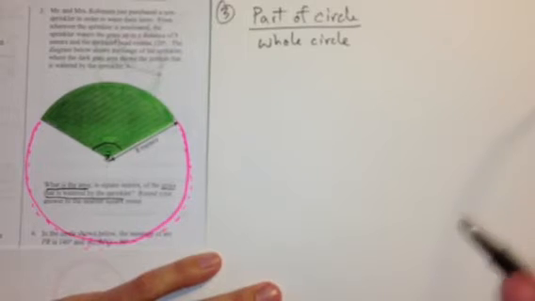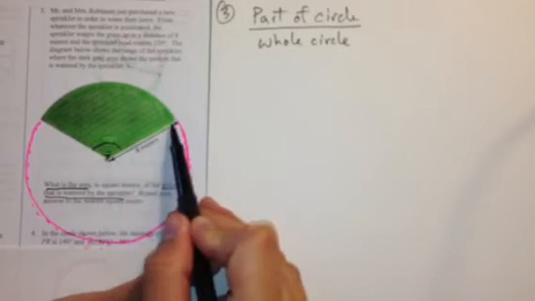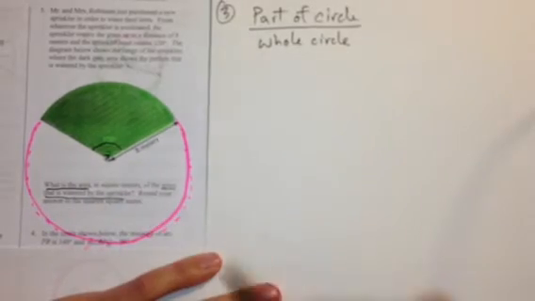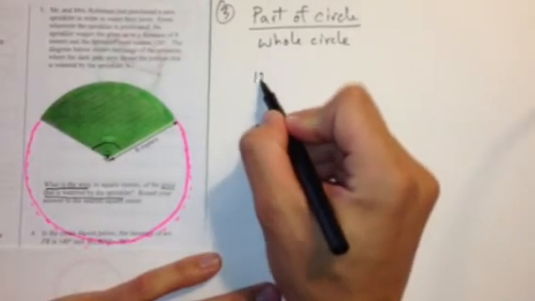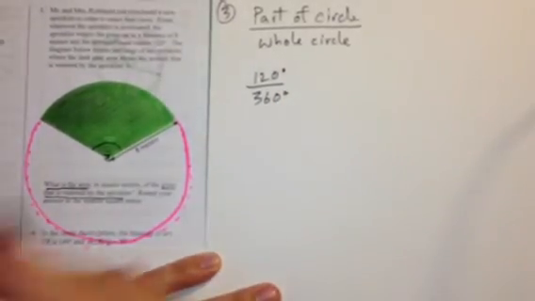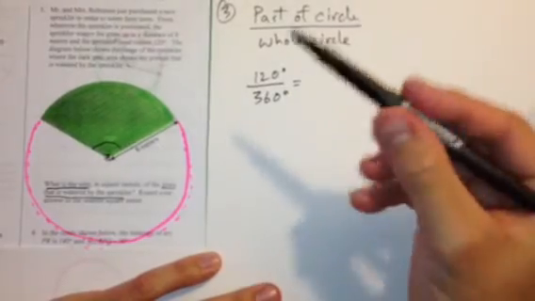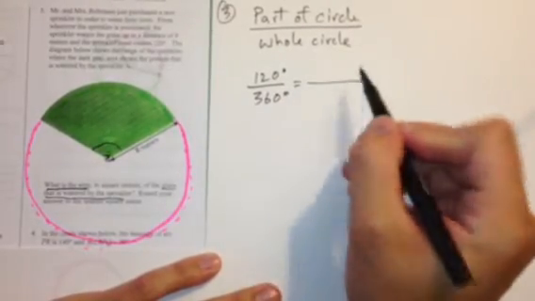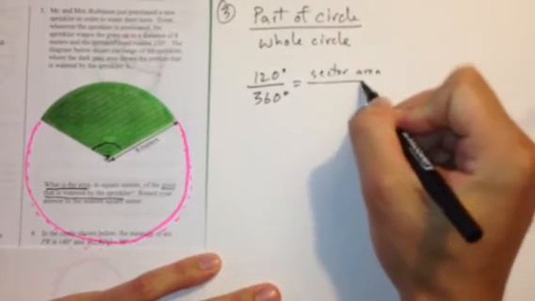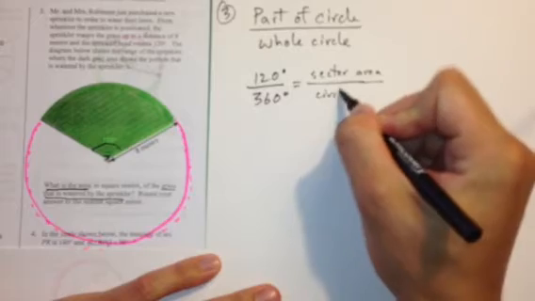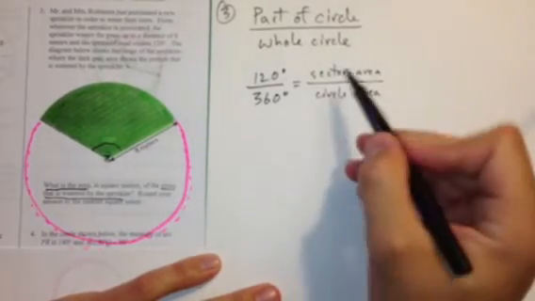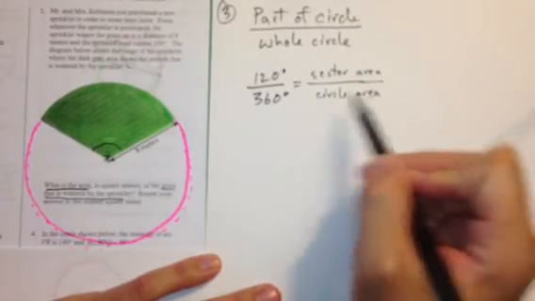It looks less than half, and we know because 1/2 would be 180 degrees, and as you can see here, this is 120 degrees. But the fraction of the circle is 120 degrees out of 360 degrees. So our proportion of 120 over 360 applies to the sector area over the circle area. So we're trying to find the sector area, but we can calculate the circle area first.